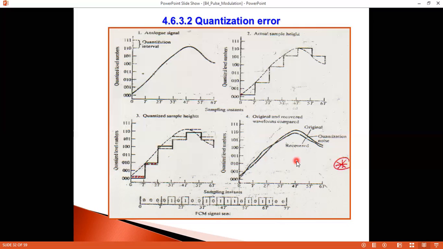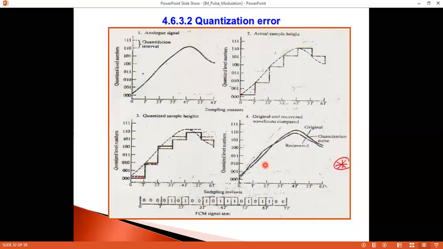And in order to reduce the difference, one of the strategies is to increase the number of levels. When we increase the number of levels, meaning the resolution will be finer, then our quantized voltage can represent our sample voltage better, and subsequently this leads to lower quantization error or quantization noise.